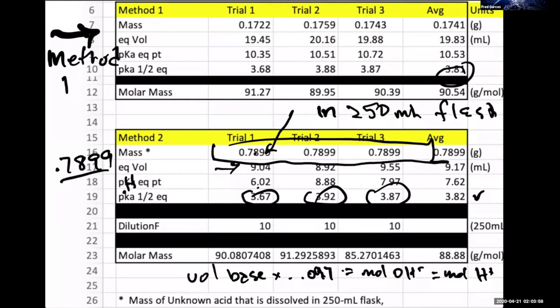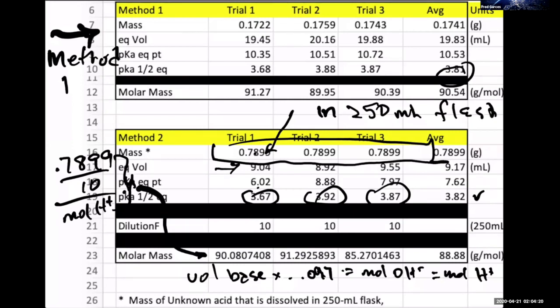Because why? Because I only use 25 mils in my analysis. That's 1/10. So if I take that mass and divide it by 10, and then divide by the moles of the acid, then that should give me a molar mass of an acid that's consistent with my previous trial.